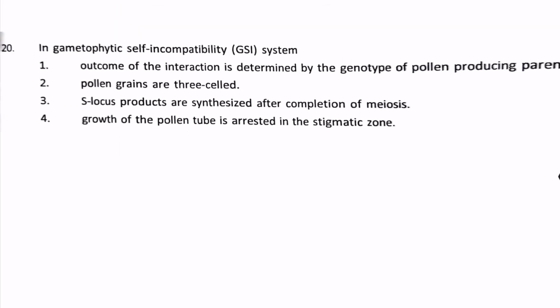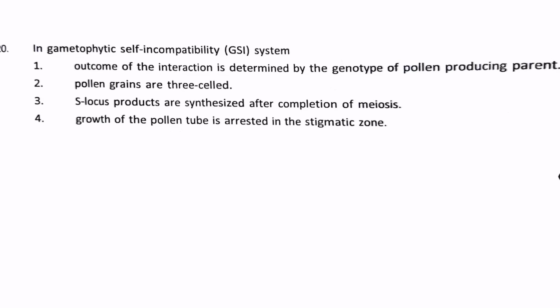Next, in the gametophytic self-incompatibility GSI system, which of the options are correct? Outcome of the interaction is determined by the genotype of the pollen producing parent. No, this is a no. Next is pollen grains are 3-celled. That is not a factor in GSI.